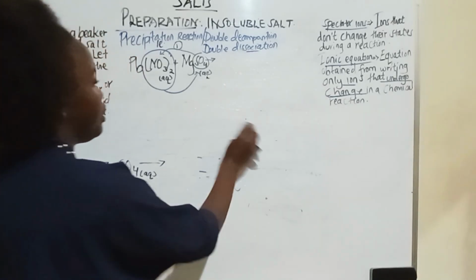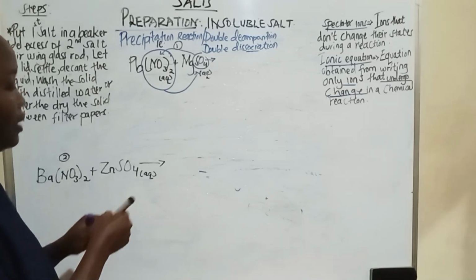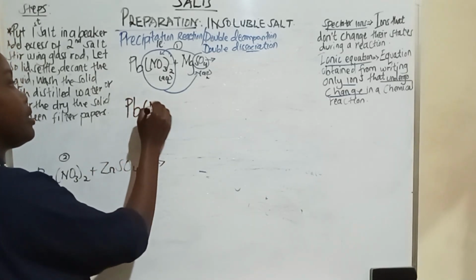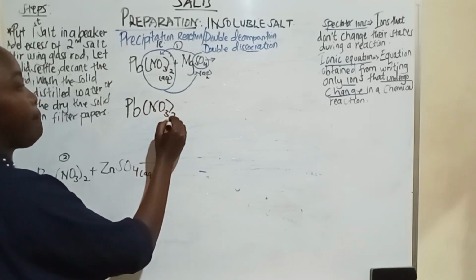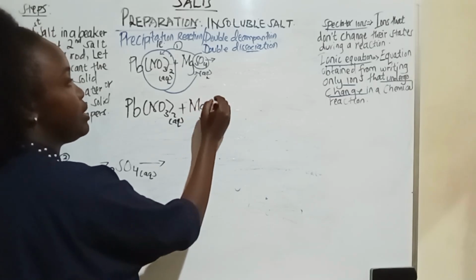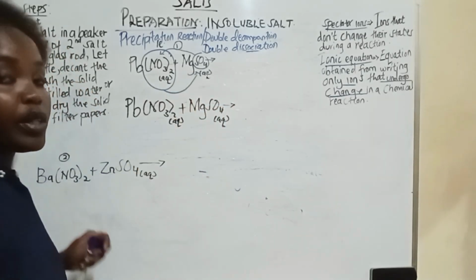So lead (II) nitrate plus magnesium sulfate, let me rewrite it again. You have lead (II) nitrate, you react it with magnesium sulfate. You're going to have the exchange of anions the way we said.